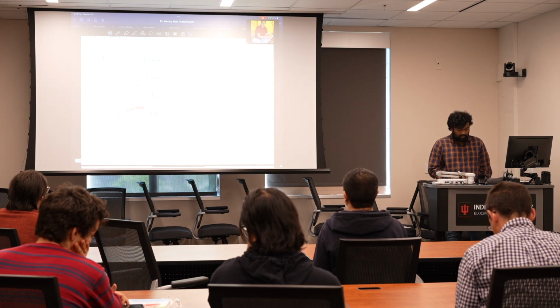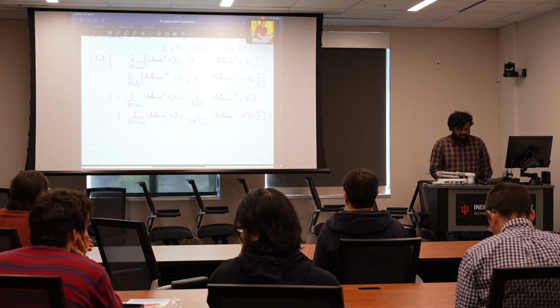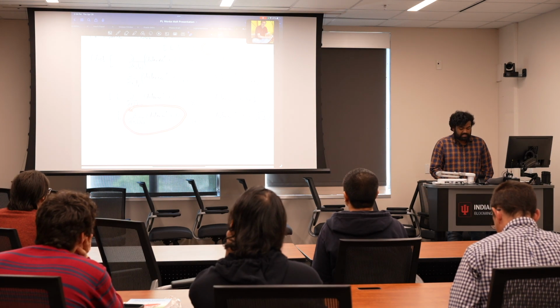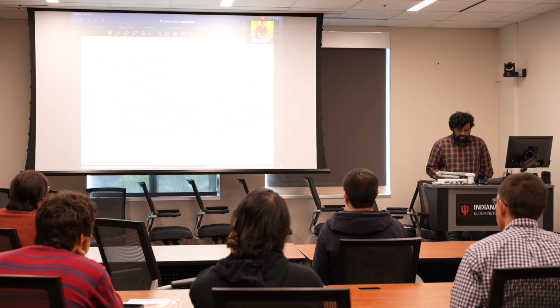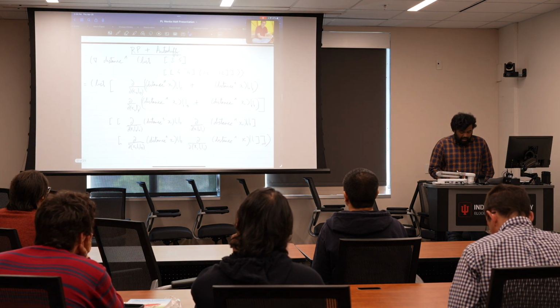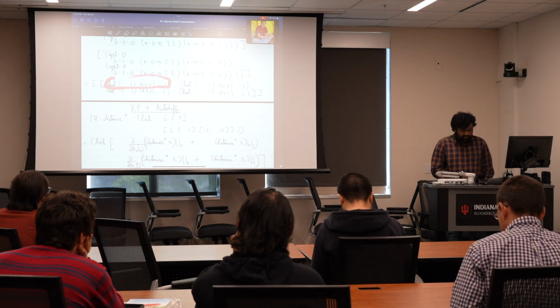So x1 bar 0 bar 0, x1 bar 0 bar 1, which is with respect to this. This element is the gradient with respect to this element, and this element is the gradient with respect to this element. And the output is basically this. We have 4 outputs.